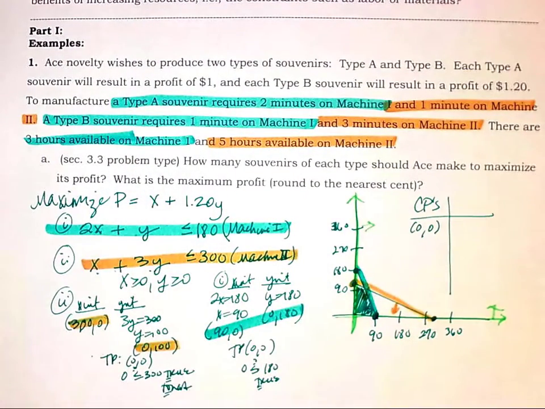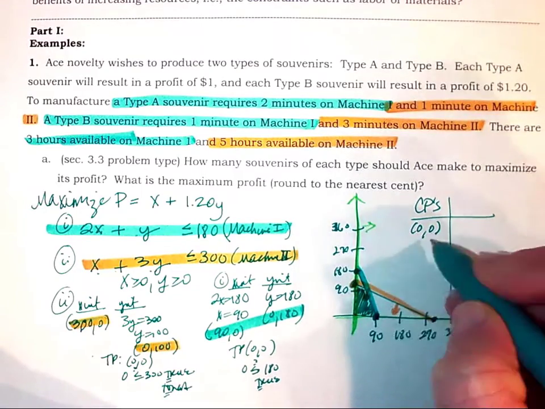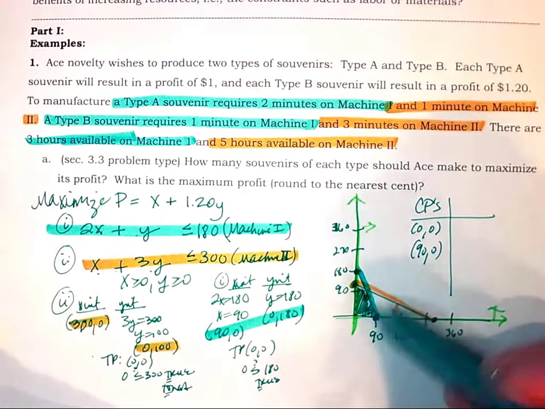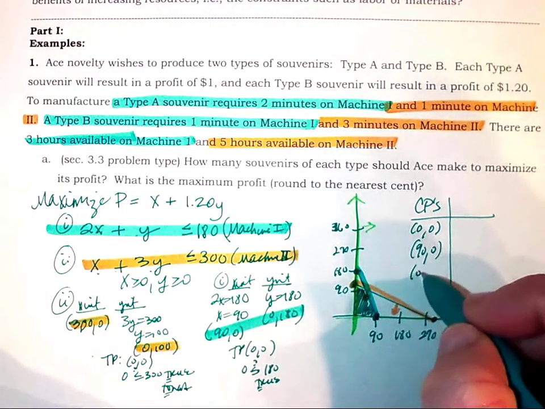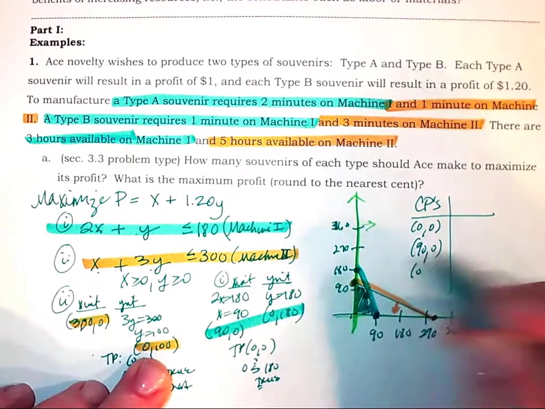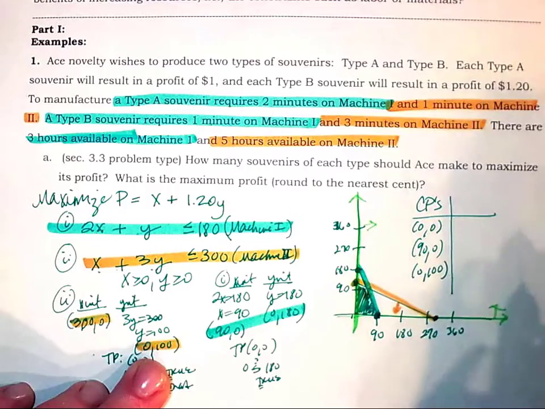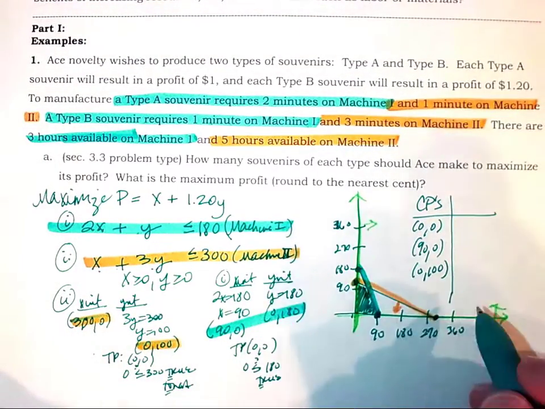Those are the blue graph. So 90, 100, or 90, 0. And let's see, we've got 0, 90. No, 0, 100. I've been at this for several hours, and it's almost 6 o'clock in the morning, so things are a little tired at this point.